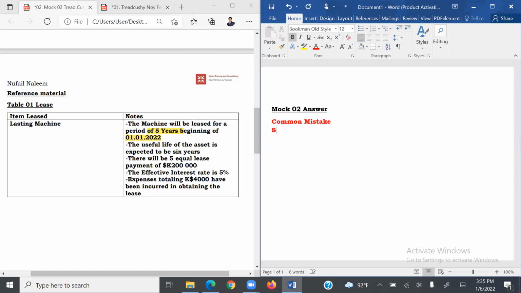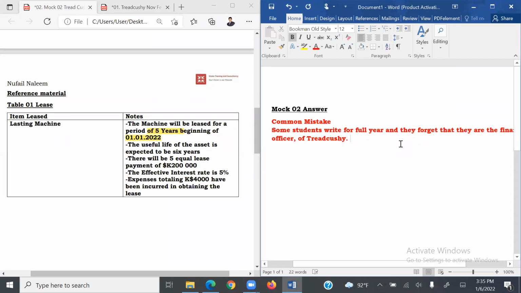Some students write for full year, and they forget that they are the finance officer of Trade Cushy. Students, get this application very clearly. Any questions you have, you can ask me, students. If you are fine with that, can I quickly get a Y in the chat box?